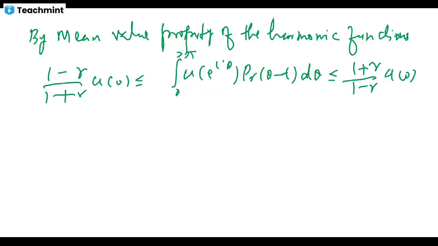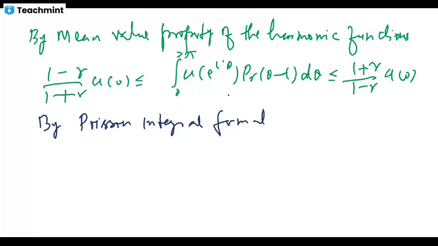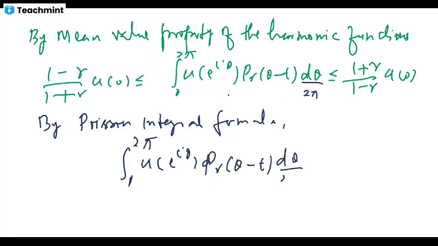And thus by the Poisson integral formula, the integral from 0 to 2 pi of u(e^{i theta}) Poisson kernel P_r(theta minus t) d theta upon 2 pi is nothing but the value of u at re^{it}. That is, re^{it} is z.